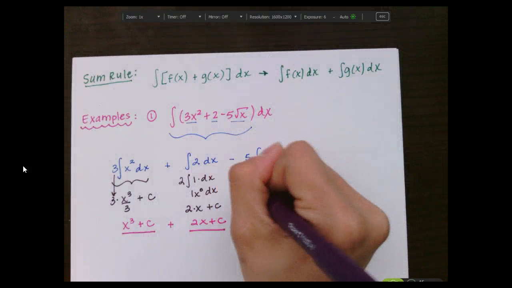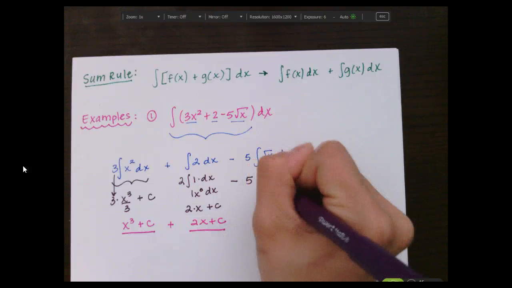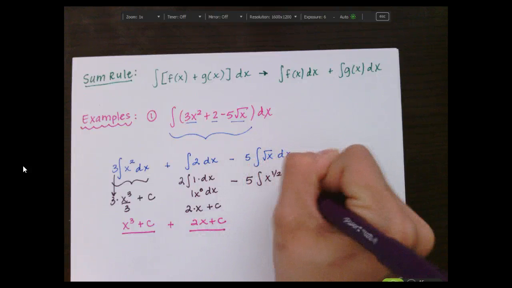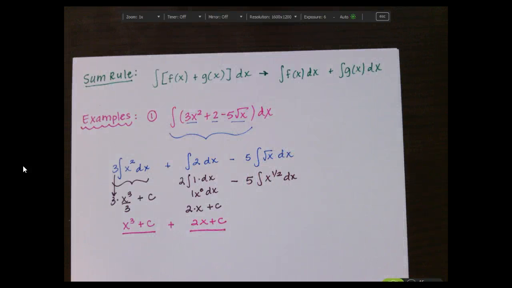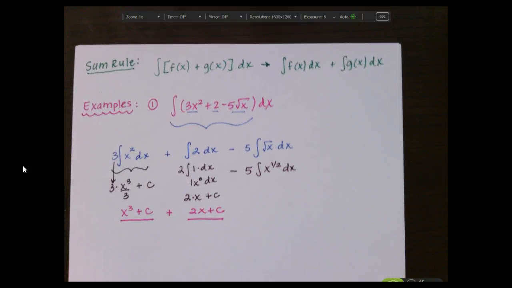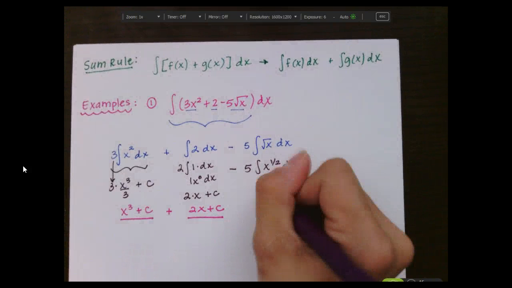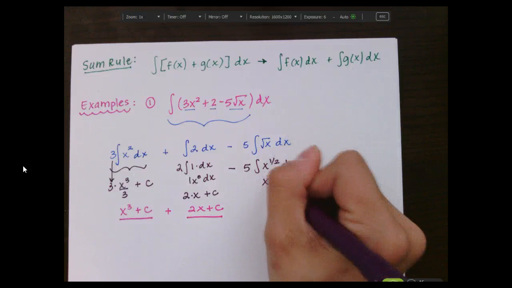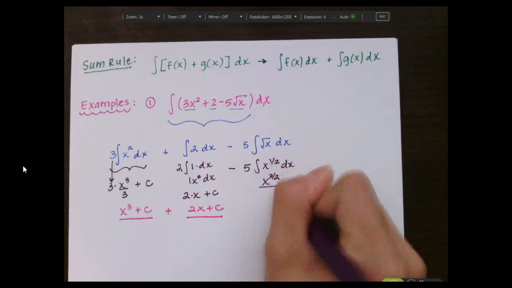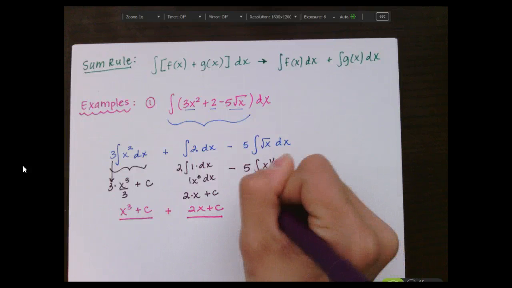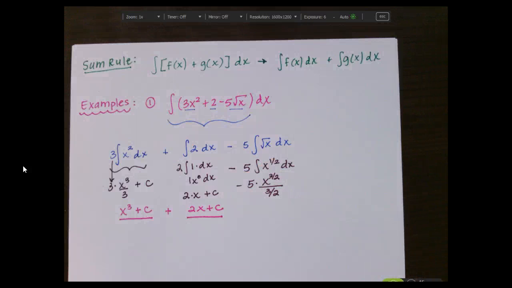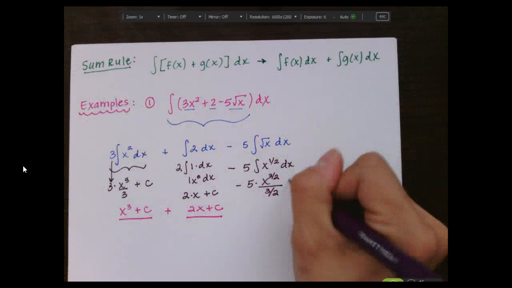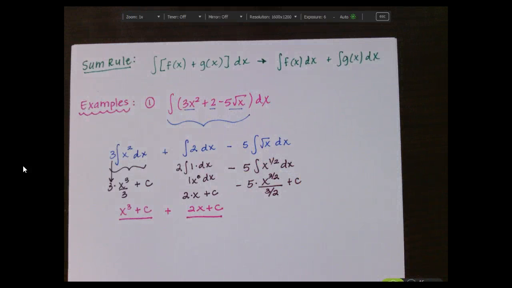Let's go on to that last term, and here you might want to take that square root and write it as a fractional exponent so that you can once again use that power rule. So I'm going to add 1 to 1/2. You've got to do some quick fraction work here. 1/2 plus 1 is going to be 3/2. I'm going to divide by 3/2, and then I'm of course going to multiply by that 5 and add a constant.